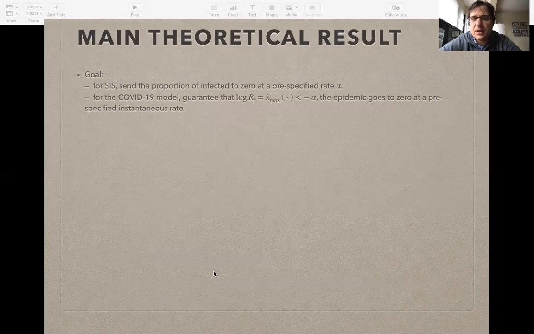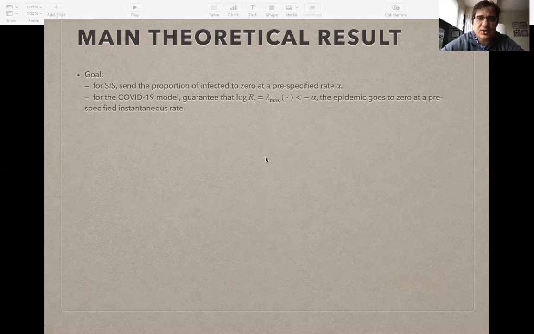And what is our goal? For the SIS network model, we want to send the epidemic to 0 at a certain pre-specified rate. For the COVID-19 model, the objective has to be slightly different because for SIR-type epidemics, like the model we've given, the proportion of infected people is going to go to 0 either way. It's only a question of whether it goes to 0 because the disease burns through the population, or because every individual infects fewer than one other on average.